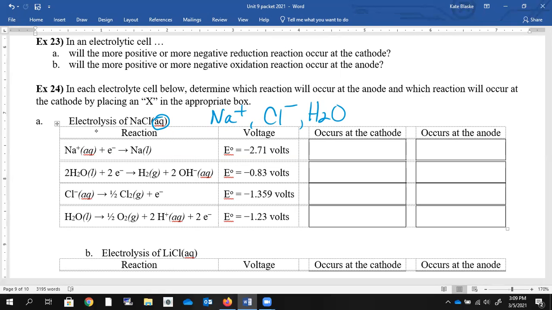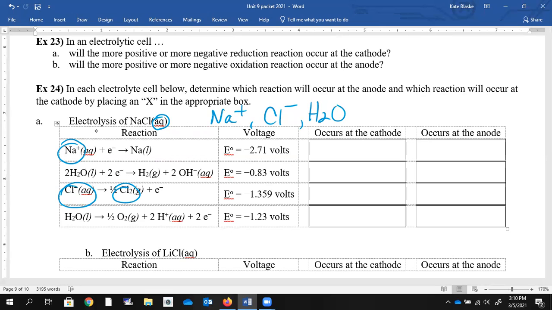As you notice on here, they've written actually 4 different half reactions for what can happen to these reactants. So sodium can gain electron. It can be reduced into sodium metal. Well, this is liquid sodium. Chlorine can be oxidized into Cl2. Now notice that Cl minus cannot be reduced.